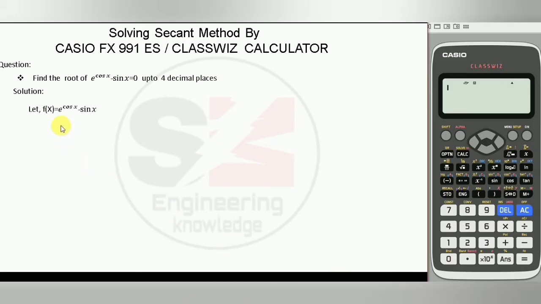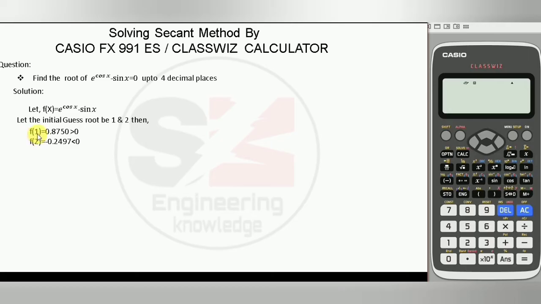At first, we have to consider this equation as the function f(x) like this. Then we have to guess the initial guess for this equation, so that the multiplication of these values when you put them in this equation will be less than 0.